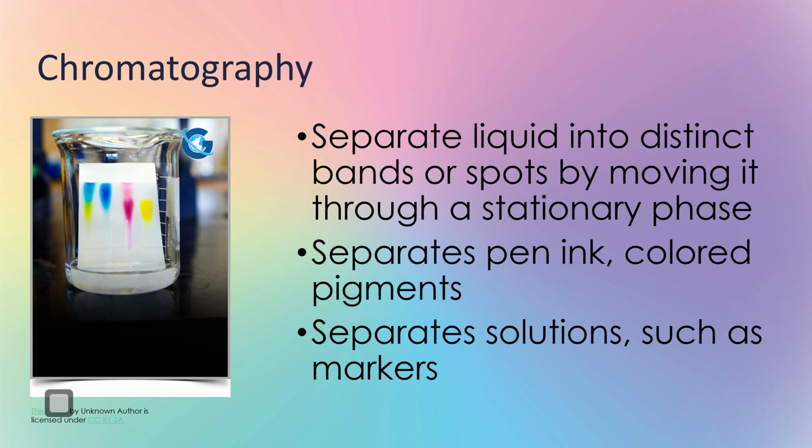You mark your paper, which is what's called your stationary phase because the paper's not moving. And you mark it with your little inks, and then the alcohol is your mobile phase, and it will slowly seep up the paper.